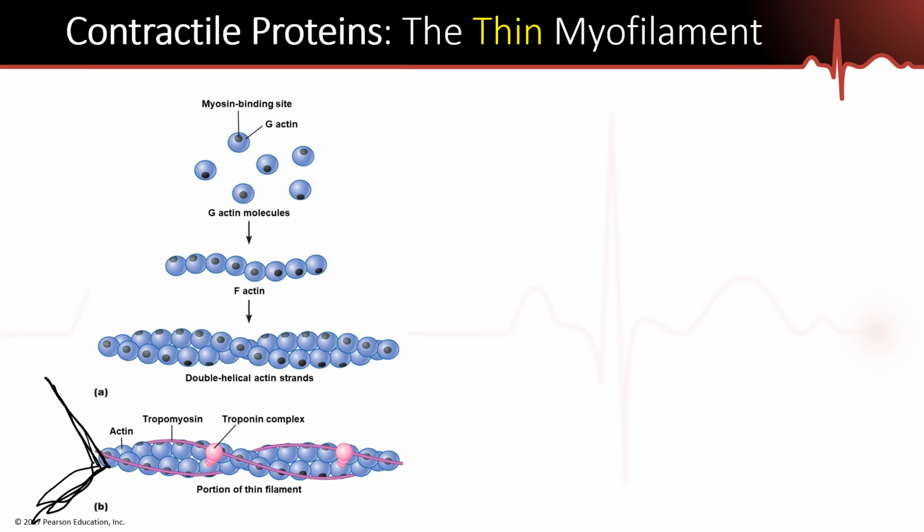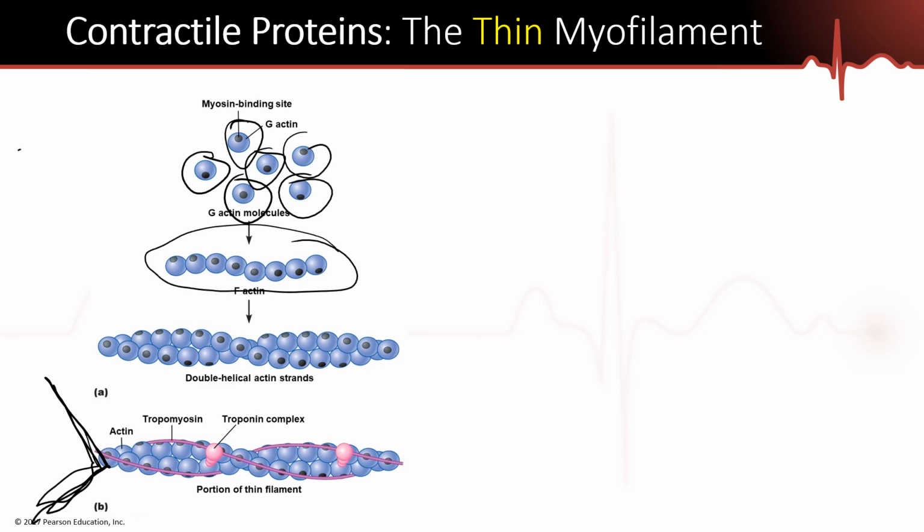It's made up of all these little globular proteins that are called G-actin. G stands for globular. Okay? All those little globular proteins called G-actins actually come together to form a little strand that's called F-actin.